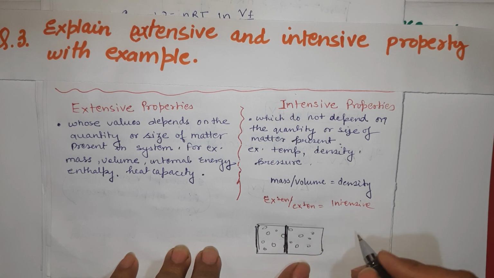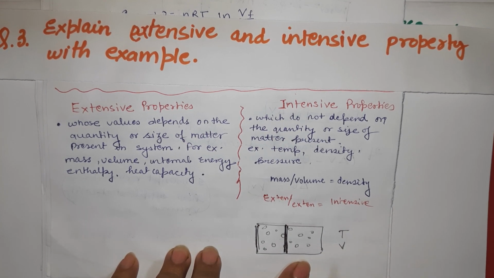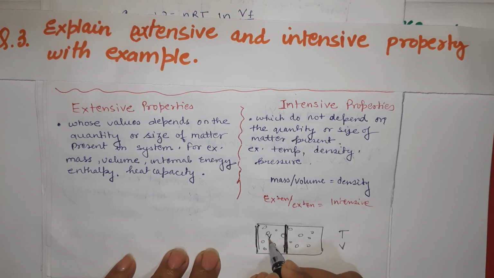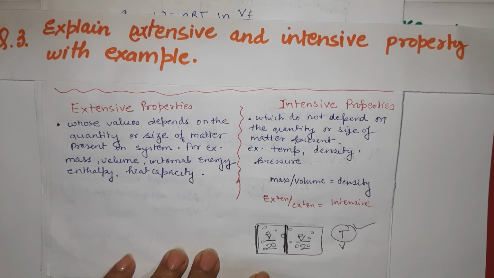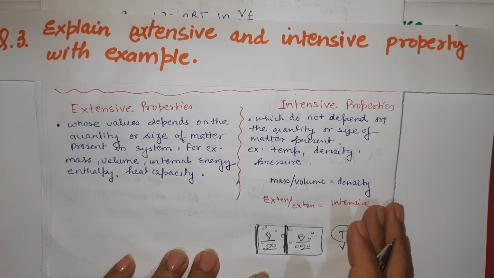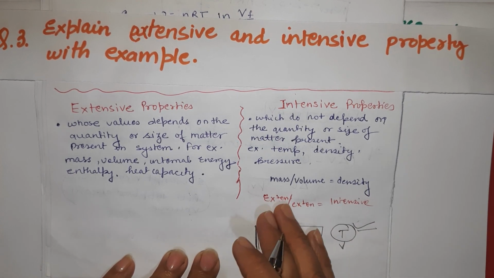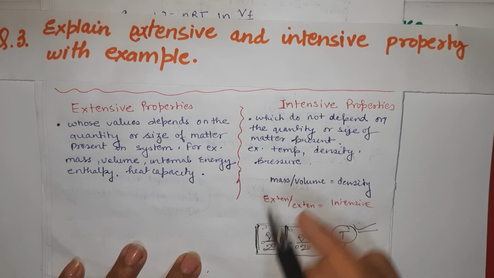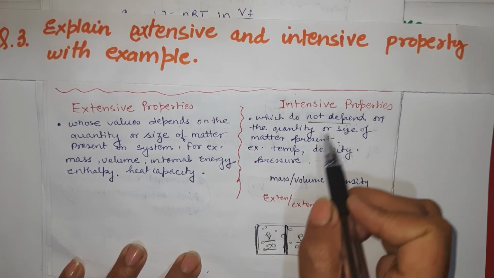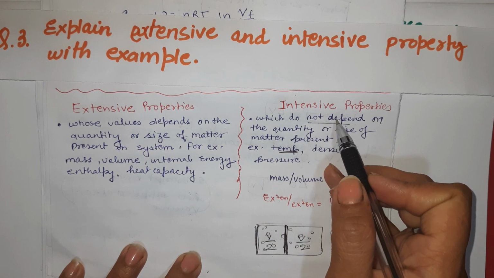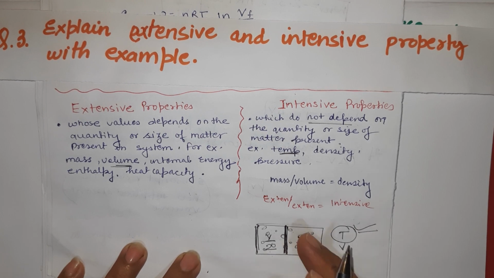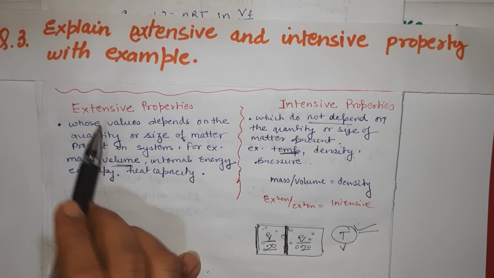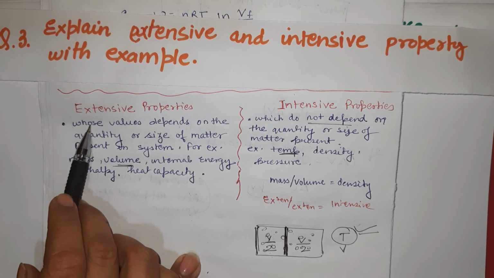Let's say before partition the temperature was T and the volume was V. But after partition, we will get volume half on both sides, but the temperature remains the same. So temperature does not depend on the particles present. So the temperature is independent, so temperature is an intensive property, but the volume is dependent on the particles or mass, you can say. So the volume is an extensive property.